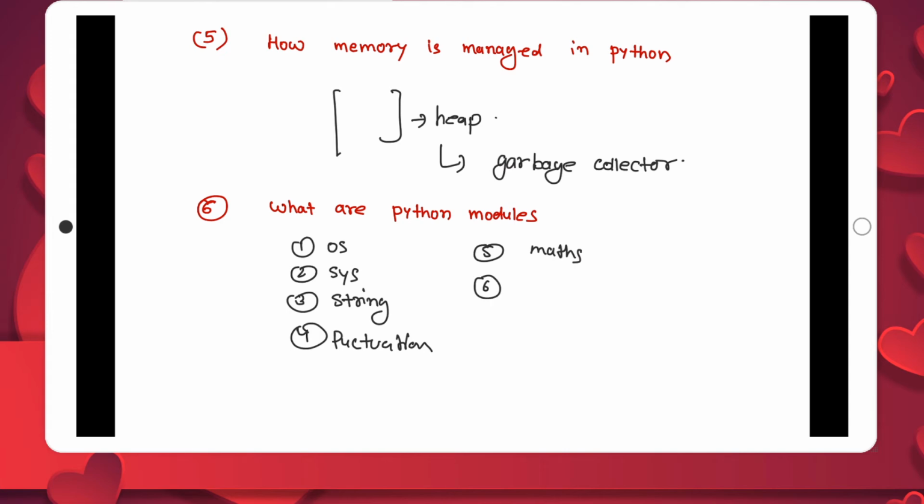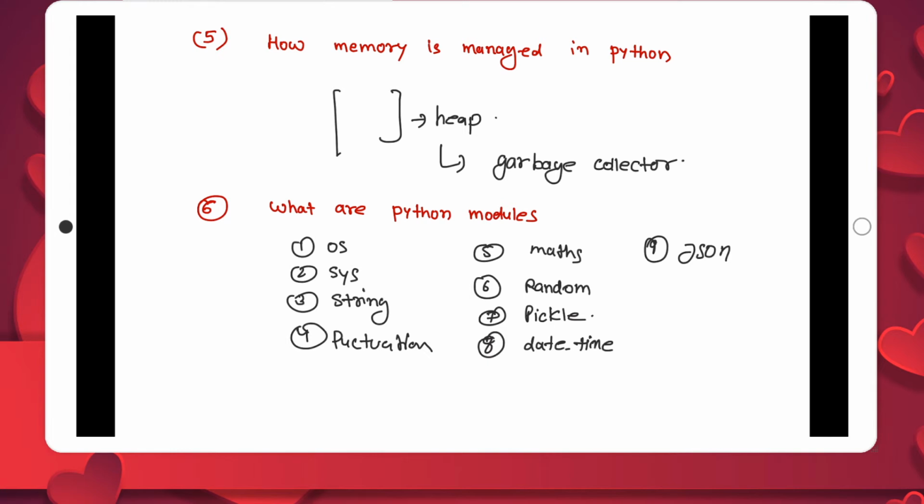We have random numbers as well. We have pickle, and we have datetime in Python as well. And apart from that we have JSON support. These come by default, inbuilt in Python.